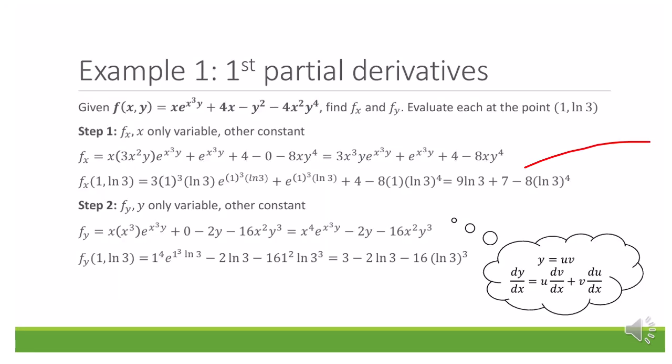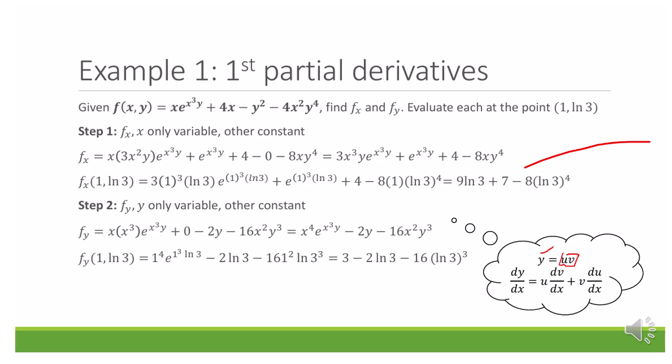Let's take a look at another example. Keep in mind we have to follow an example such as this, where we follow y equals uv. What do u and v represent? U and v represent the variables of x and y.